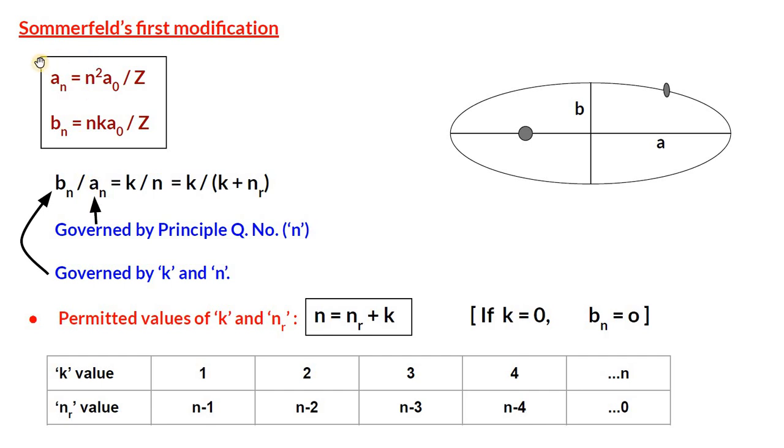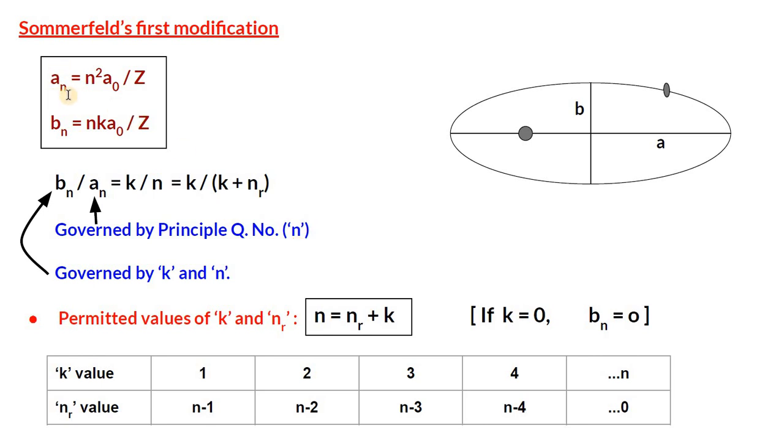Now if I divide Bn by An, what do we get? Everything will cancel and we will get k divided by n. If we put the value of n, that is nr plus k, we will have k divided by k plus nr. And remember, this An, the semi-major axis, is governed by the principal quantum number n. How?